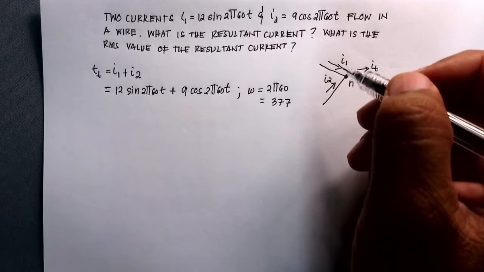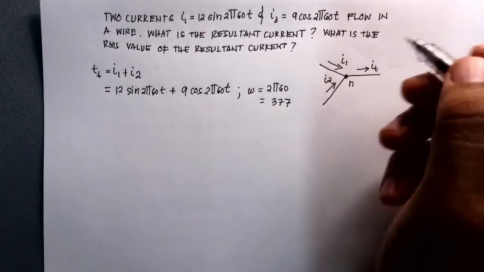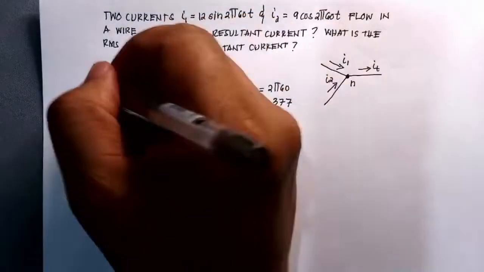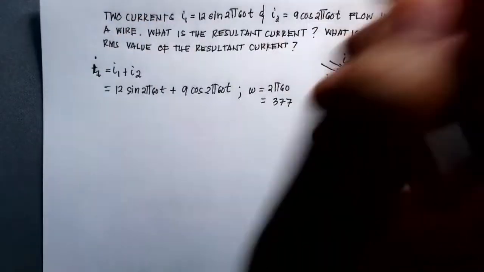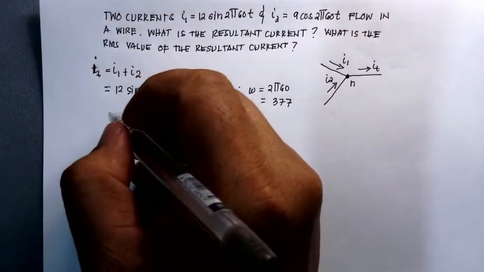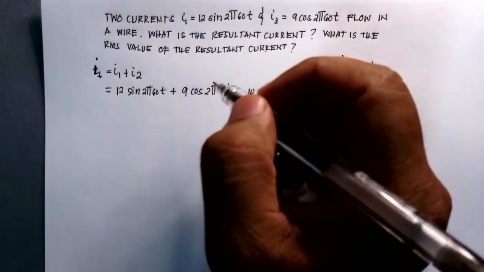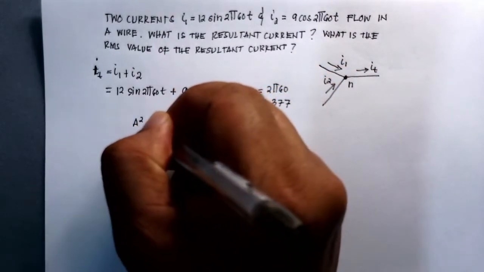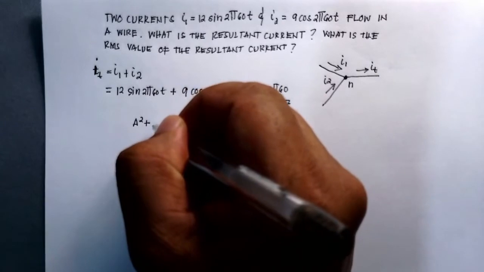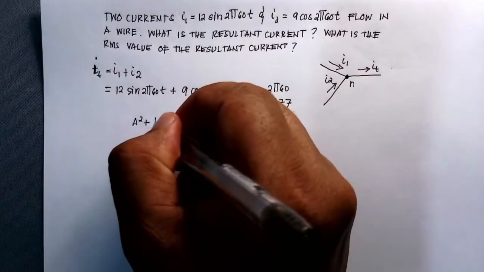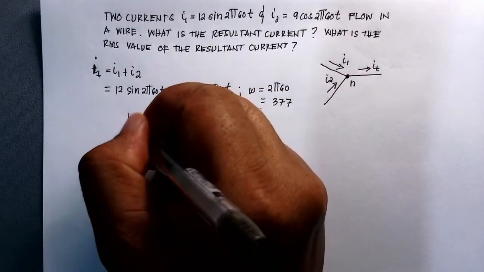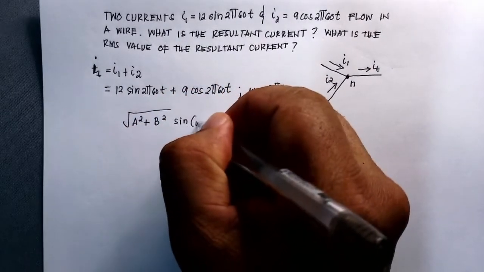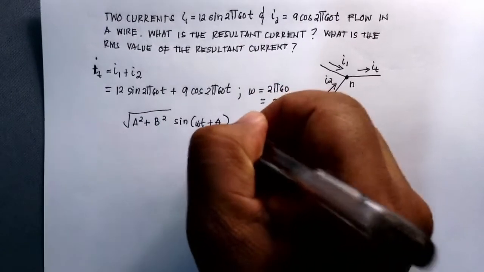Now we have a general form. By the way, this is I. Our general form is the square root of a squared plus b squared, times sine of omega t plus theta.